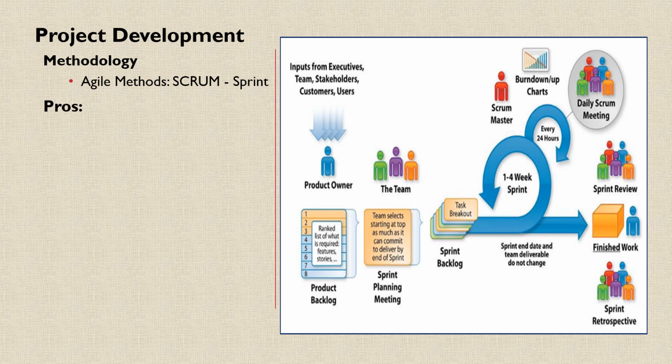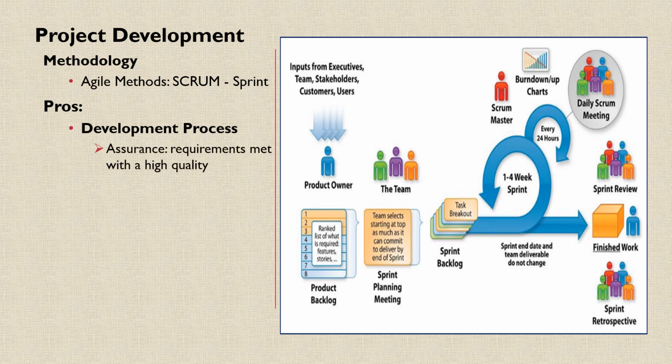The advantage of using this process is that it includes requirement analysis, testing, integration, review, and evaluation of the software to ensure the requirements are met and to deliver the app with high quality.